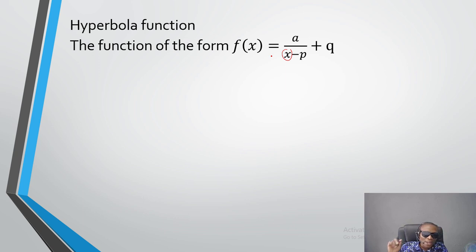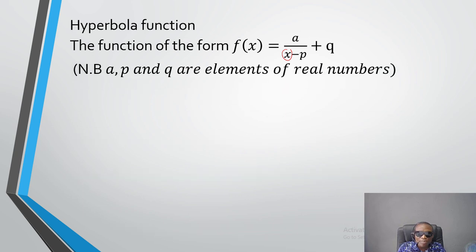For now, we did not show the value of a, p, and q, but we know a, p, and q are the real numbers. So a, p, and q are elements of real numbers. We are going to meet different hyperbola functions where a, p, and q are numbers.